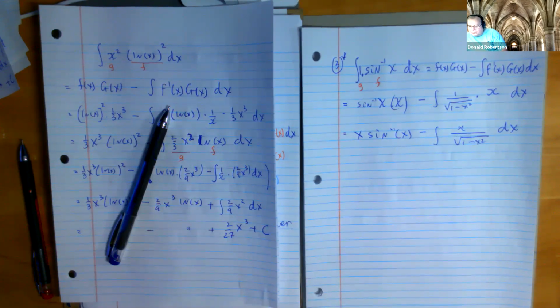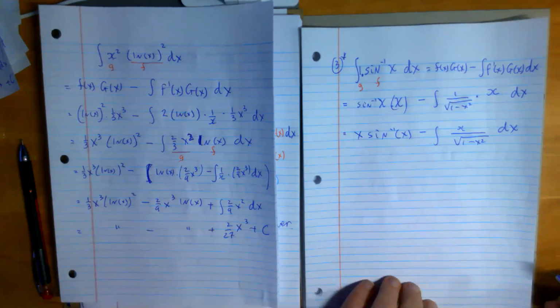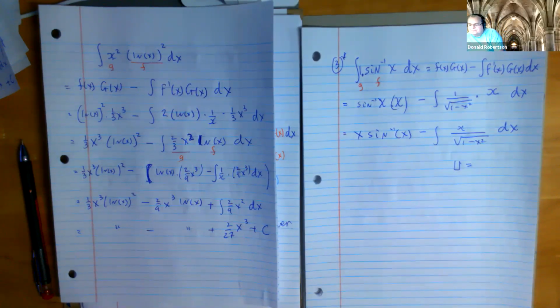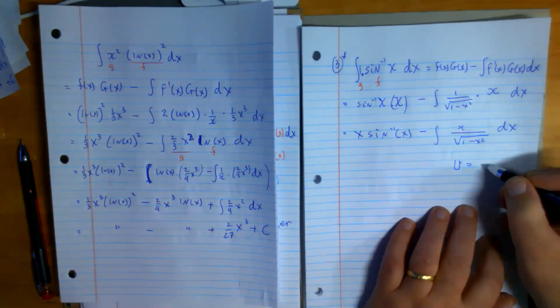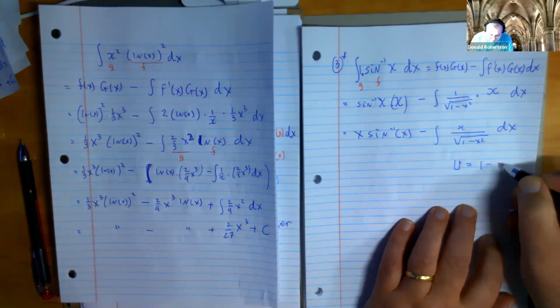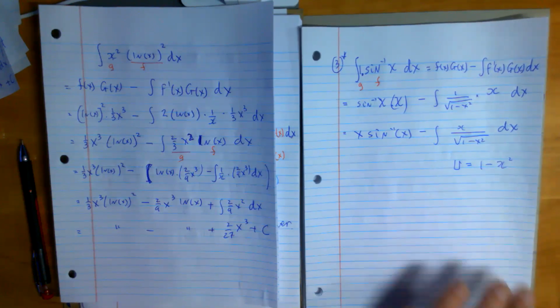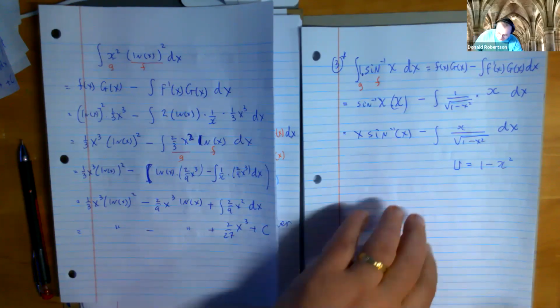Great. What's the technique that we use? U sub. All right. And who will the U sub be? 1 minus x squared. Yeah. You're thinking of the next line, I suspect.